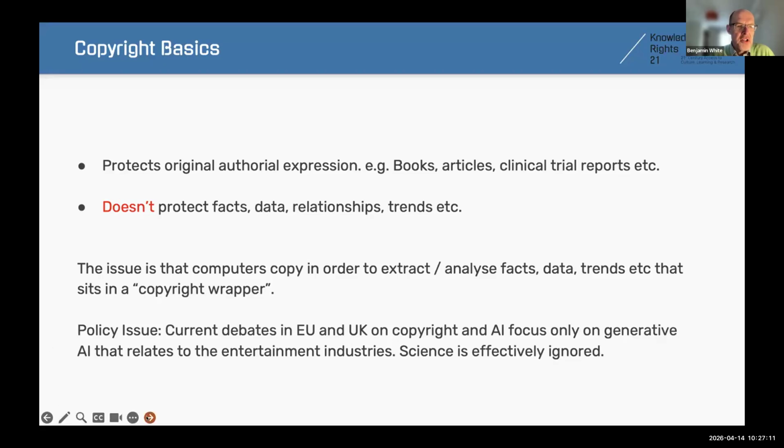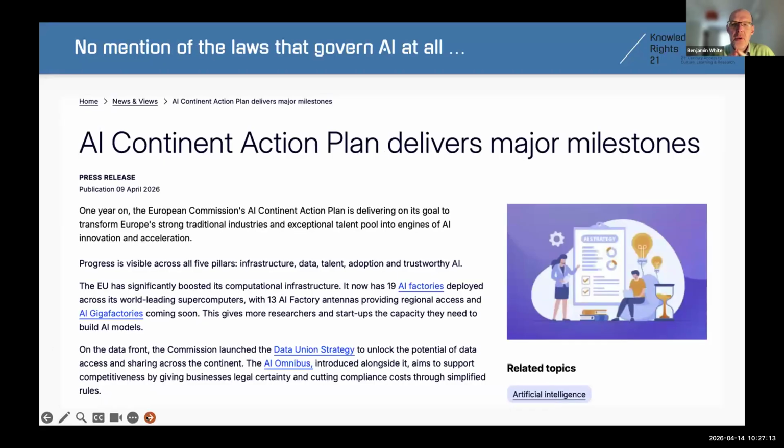And I think that isn't just a UK disease. We see this in Brussels as well, where in the European Union, again, the debate is all about the creative industries. And here we have launched very recently the AI Continent Action Plan.